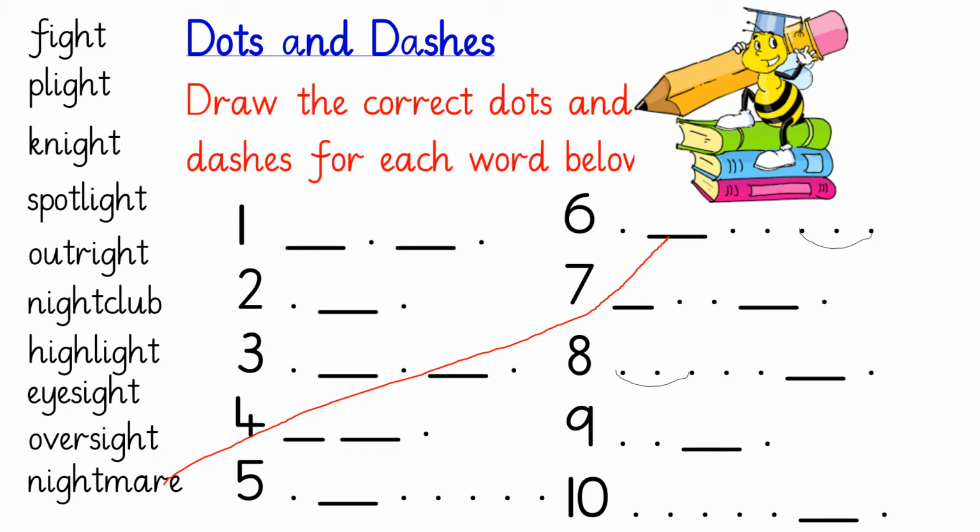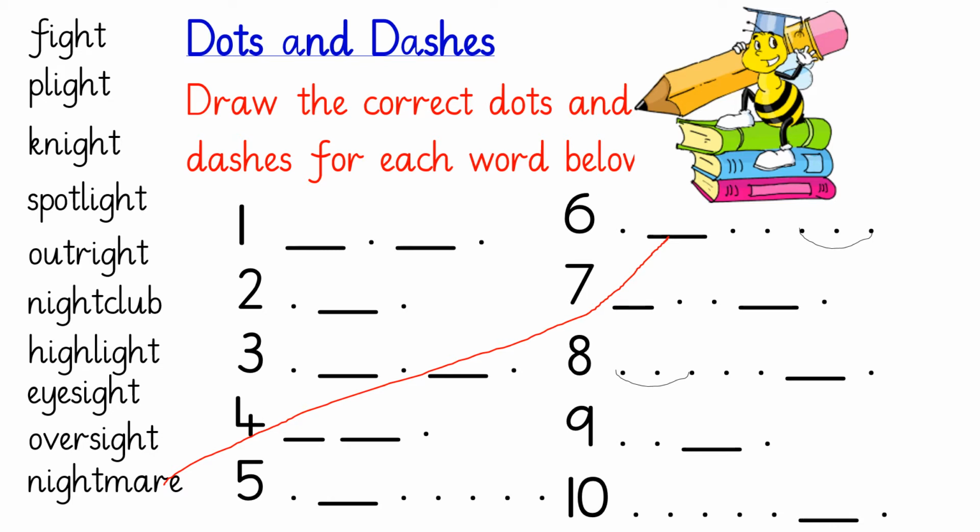So how can we work that out? Because they're both vowel, consonant, and then an E. And actually, they've got the same number of letters, and they both end in sight, S-I-G-H-T. So the only difference then is in the E-Y-E and O-V-E. Except for O-V-E-R, has an extra letter.